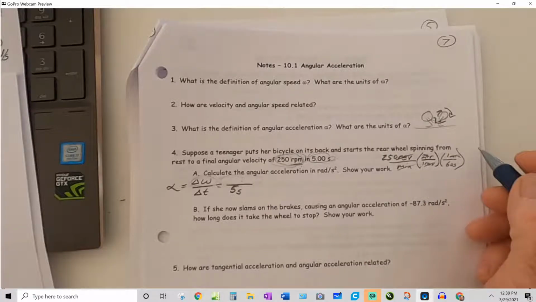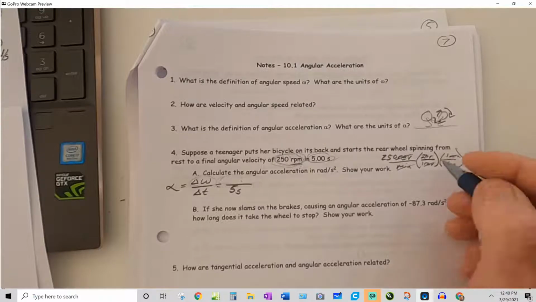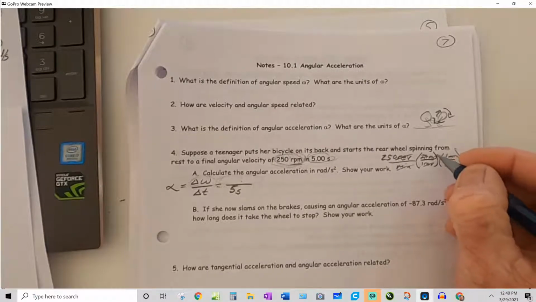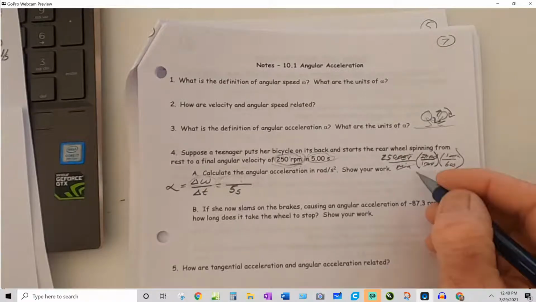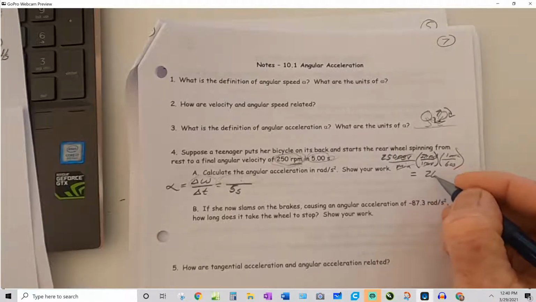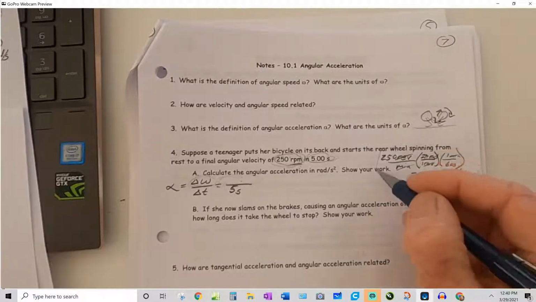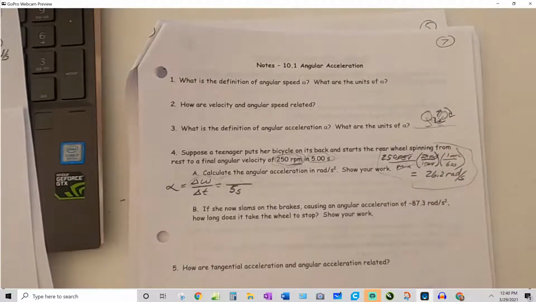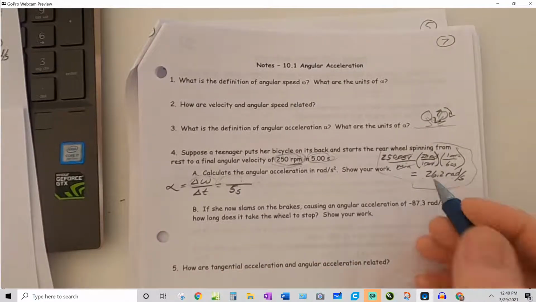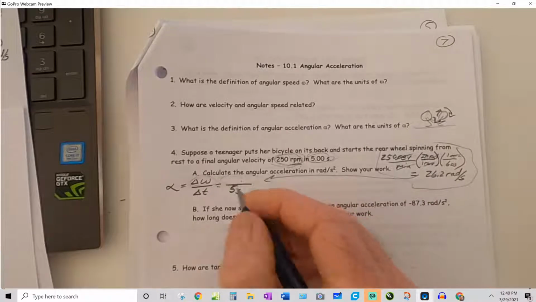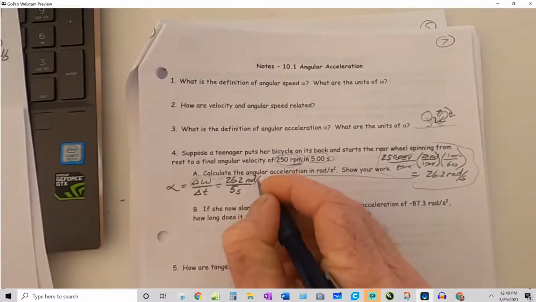And when I multiply 250 times 2 pi, and I'm just going to write radians instead of leaving the R there, and divide by 60, I get 26.2 radians per second. So when Mr. Pennington does this, he kind of just does this all at one time, and I wanted to do that separately. So I'm going to take that and put that in here, 26.2 radians per second.